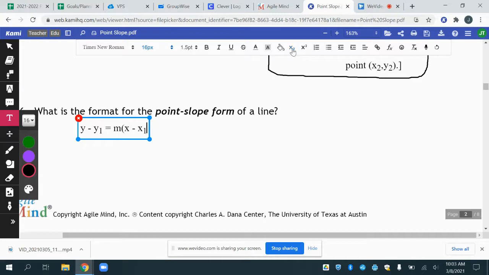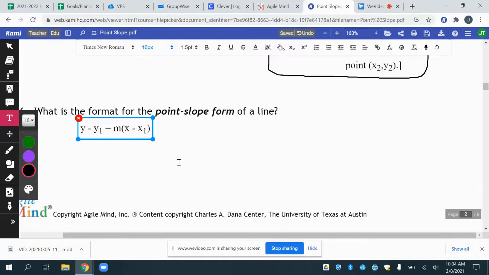Notice now this one does not have a y1 and a y2 and all that. Now the y1 and the y2 are there, okay? But when we're writing a formula for a line, we leave one of them out. We don't need to have both those points. You can use both those points and figure out m. You could do that, but we're not going to do that right now.